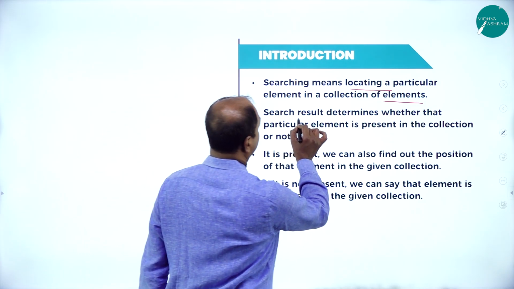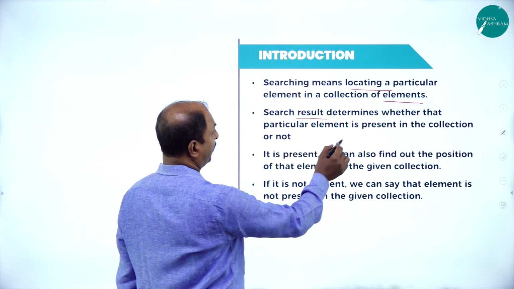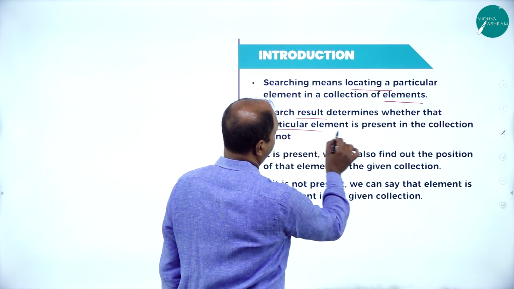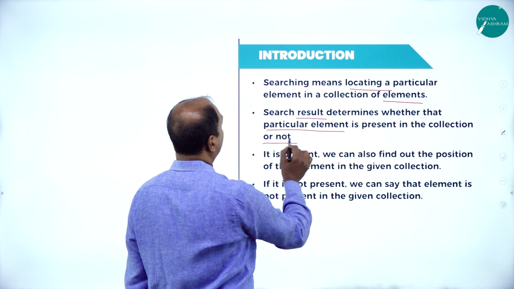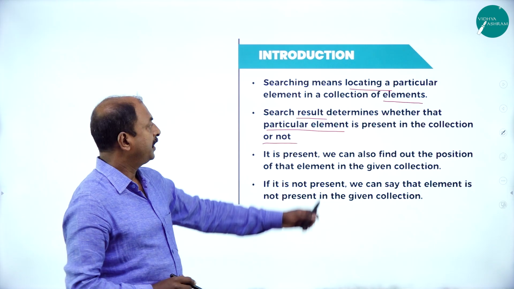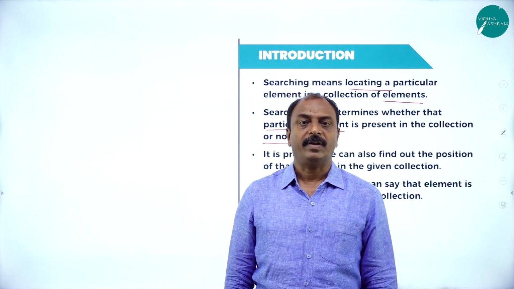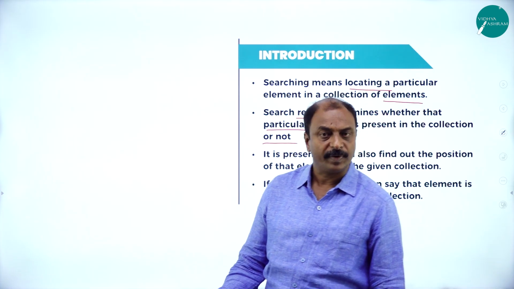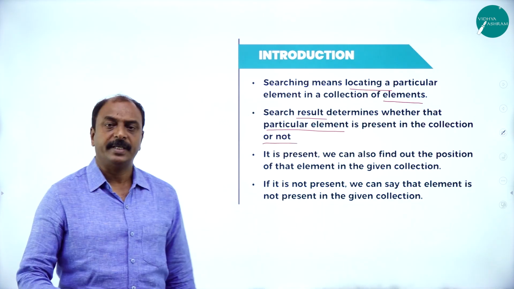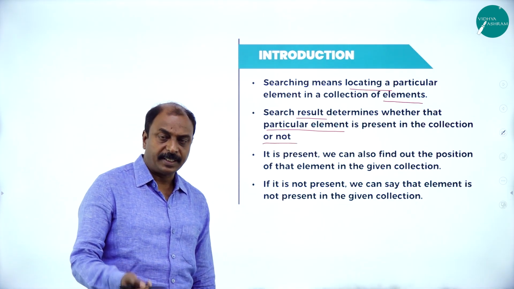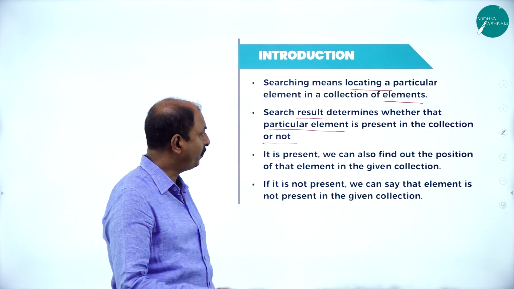So the search result determines whether the particular element is present in the collection or not. In this example, we look for a particular element, and if the element is present in the given list of elements, then it says that the element is present at the index or position value.